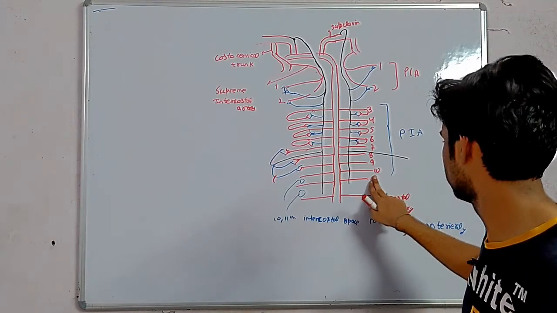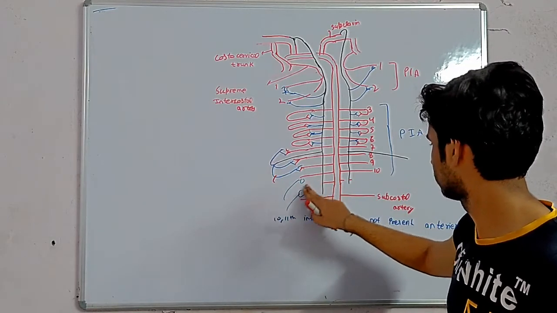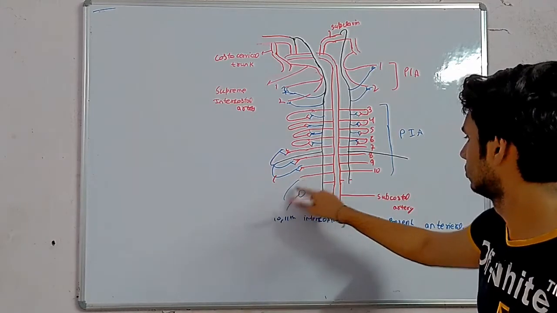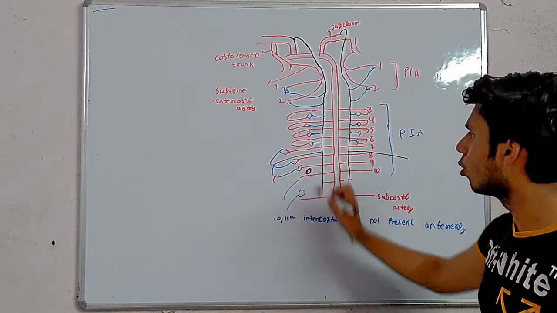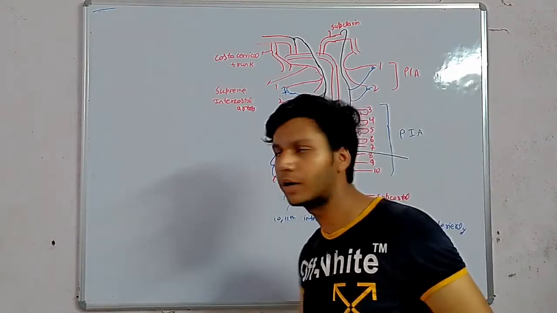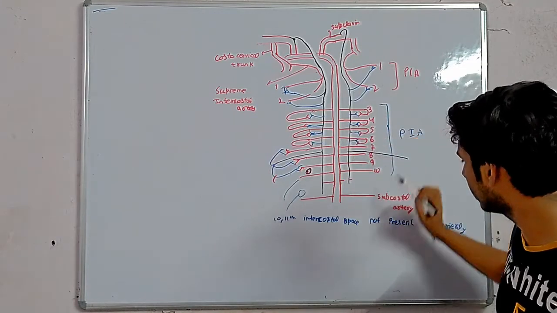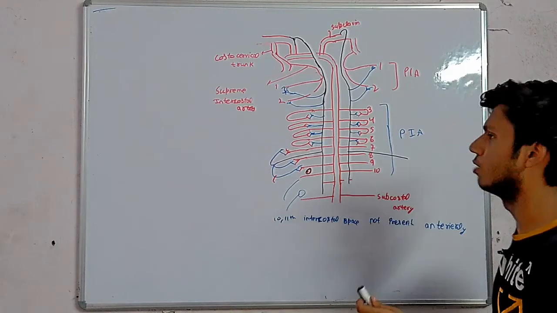Wait, only these arteries form. We know only 11 posterior intercostal arteries are present: 1, 2, 3, 4, 5, 6, 7, 8, 9, 10 and another 11. Another 12.